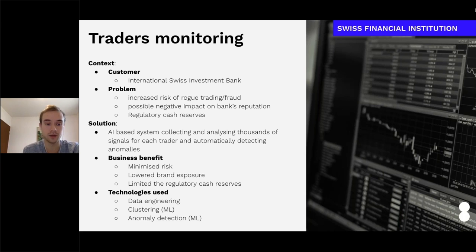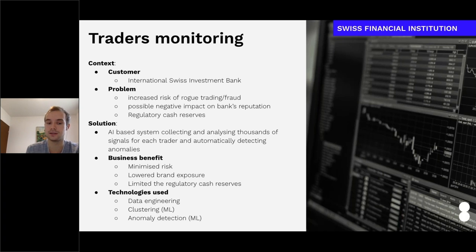At Unit8, we have experience being involved in creating a solution for this problem in the form of a data-driven anomaly detection of rogue traders, which created various business benefits, such as lower risk of rogue trades, protection for the brand reputation of the bank, and it also lowered the need for regulatory cash reserves.